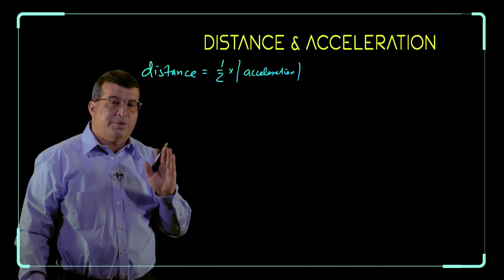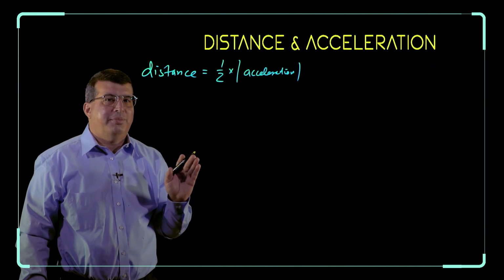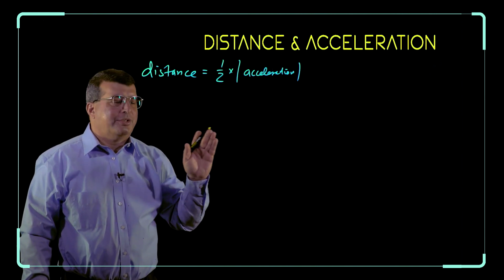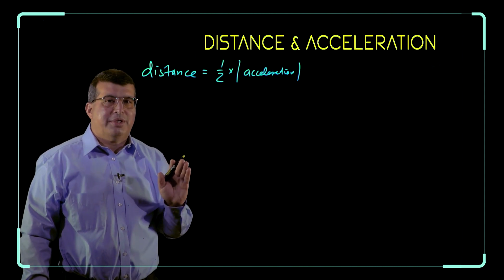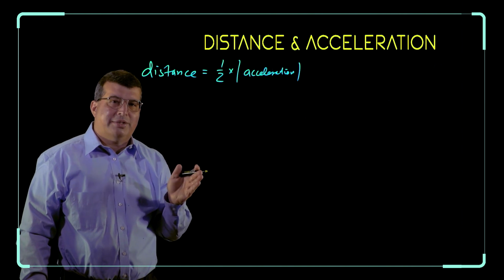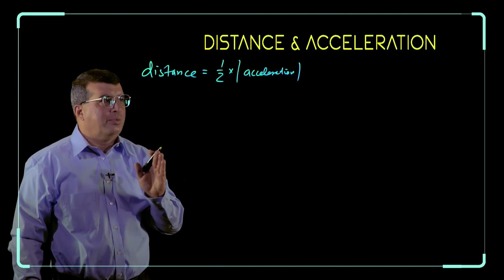It doesn't matter whether you're speeding up or slowing down. If you have an acceleration of plus 5 meters per second squared, you'd write that as 5 meters per second squared. If your acceleration were negative, minus 5 meters per second squared, you would still write that as 5 meters per second squared.